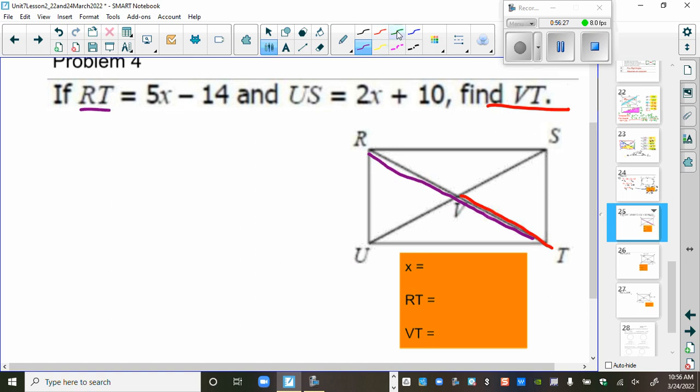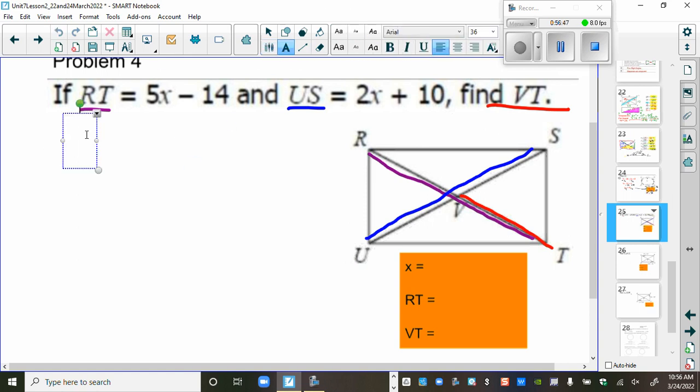But they also gave us RT and US. US is here. But what do we know about the relationship between RT and US? They're the same. So yeah, RT equals US.